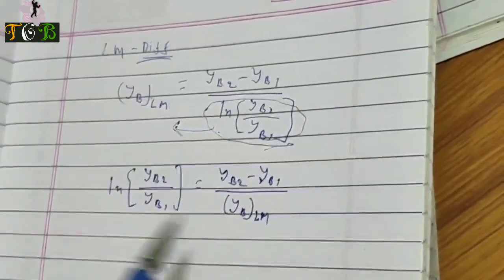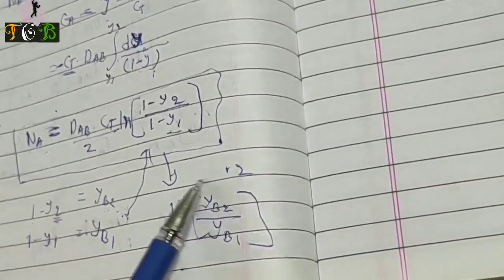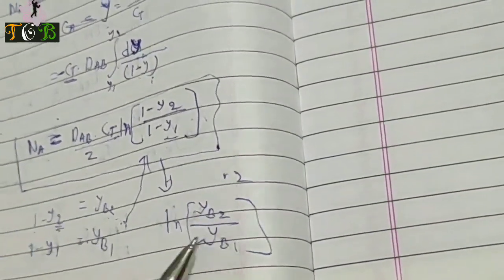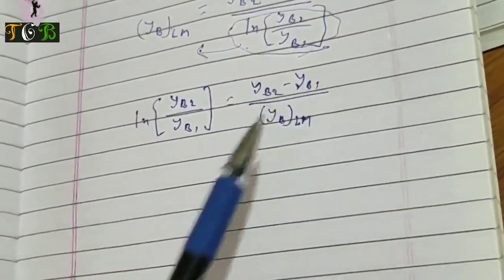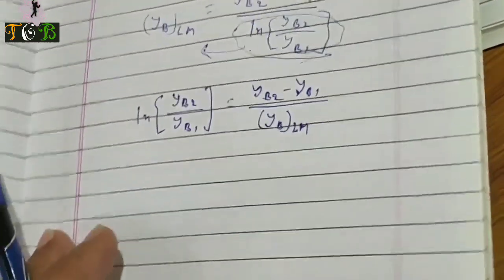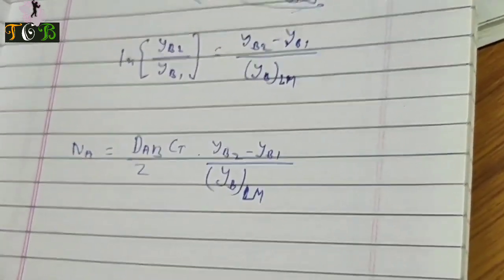Okay, now look at this. This ln of yb2 upon yb1 we can replace with this thing. So what will it become? You will get this thing. Okay, now I have a task for you.